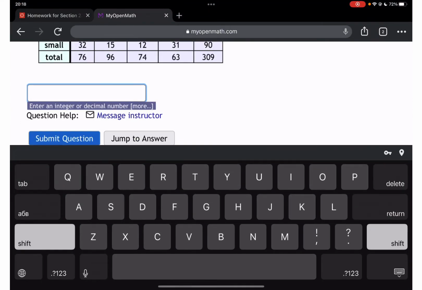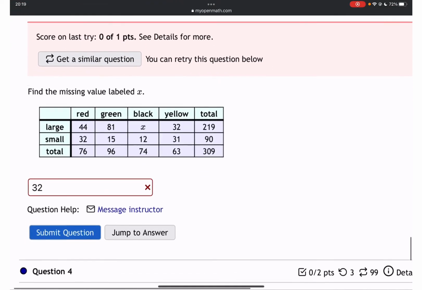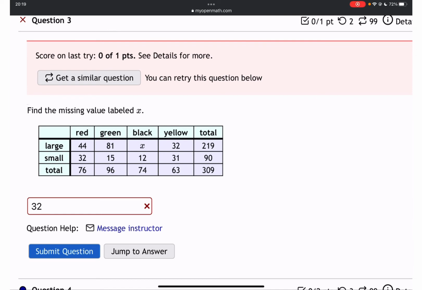Let's type it in. Okay. Why is it wrong? Let's go one more time. 219 minus 44, minus 81, minus 32.